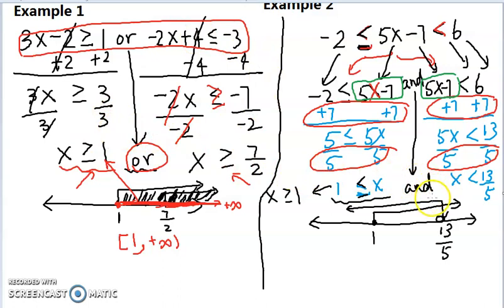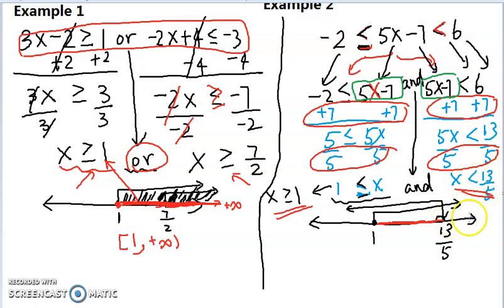So we have to look for the numbers that are not only greater than 1, but also less than 13/5. So let's look. These numbers are greater than 1, greater than 1, greater than 1, up to this point. If I keep moving across 13/5, these numbers are still greater than 1, but they are not going to satisfy the second inequality, less than 13/5.